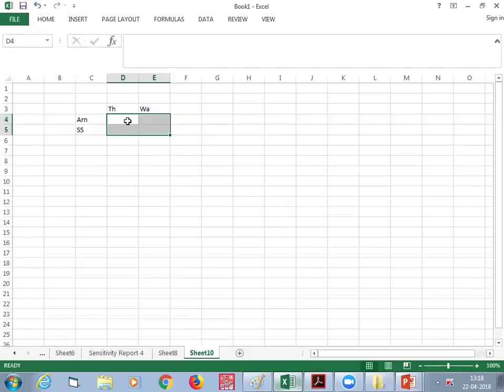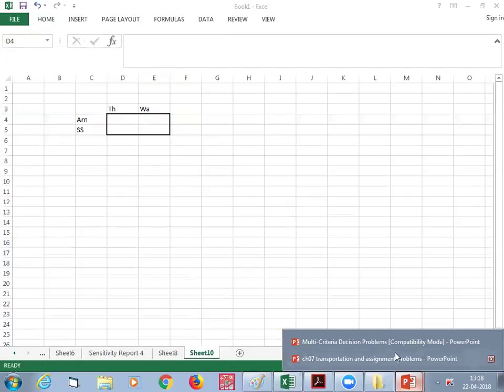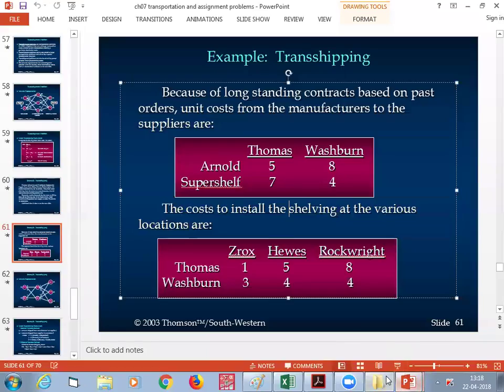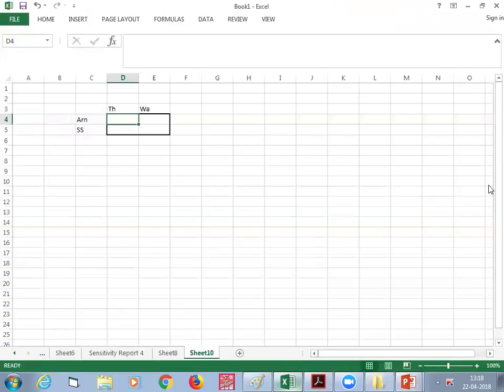What are the costs? 5874, right? 5874. 5, 8, 7, and 4. And what did we have? The supply, right? What is the supply? 75, 75. Yes?